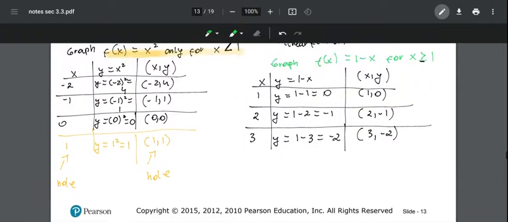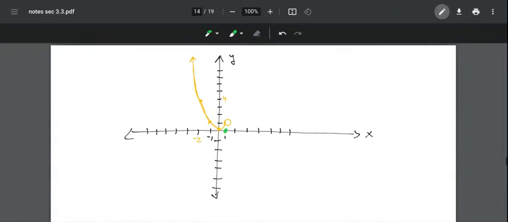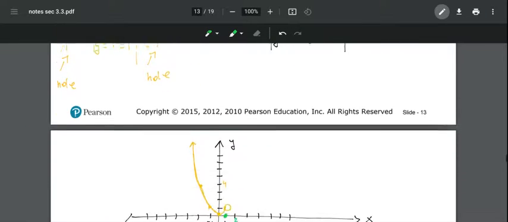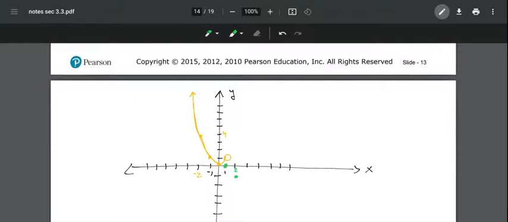Then we have a point (2, -1) right here. And then we have a point (3, -2), right here. So the graph will be a straight line.